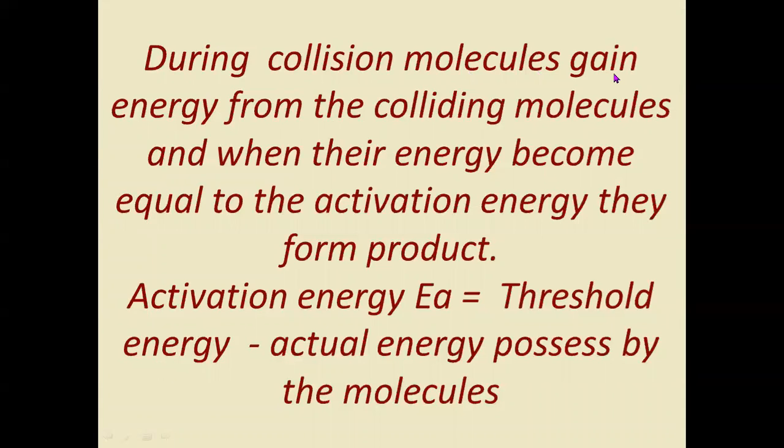During collision, molecules gain energy from the colliding molecules, and when their energy becomes equal to activation energy, they form product. This is also what I explained just now, that when collision takes place between the molecules of reactant, they exchange energy. Means energy of one molecule can be gained by another molecule.